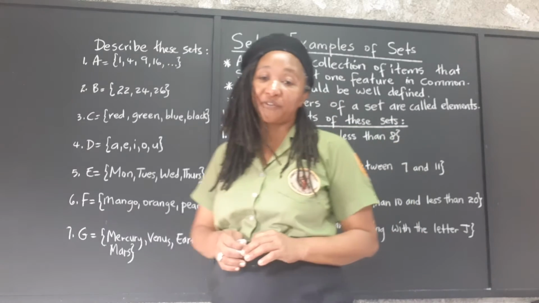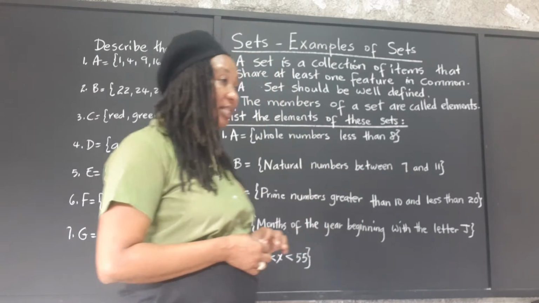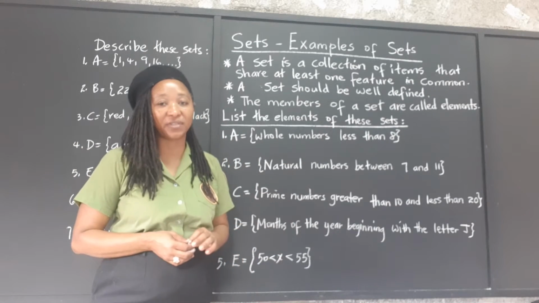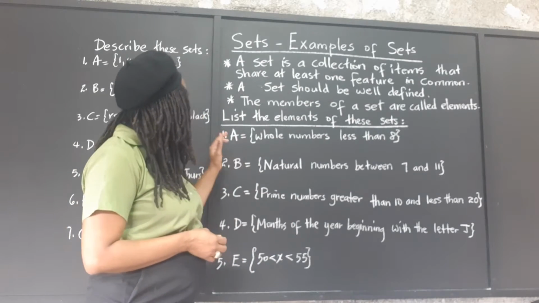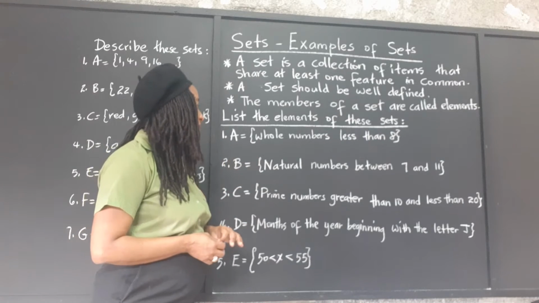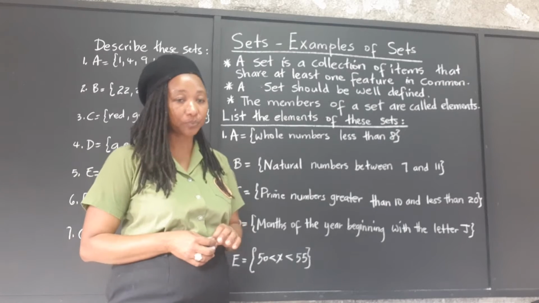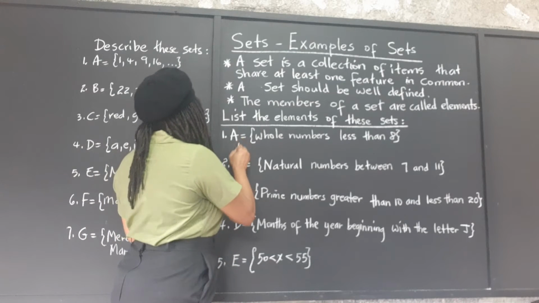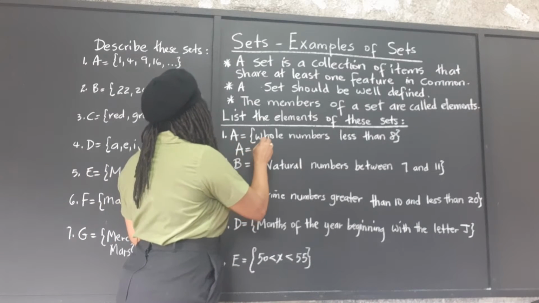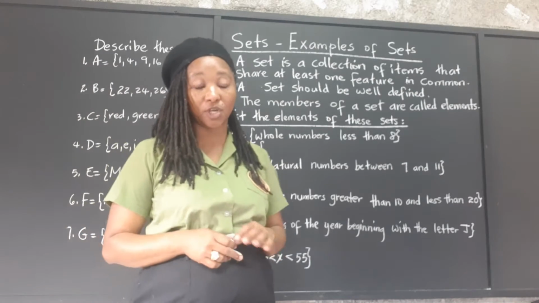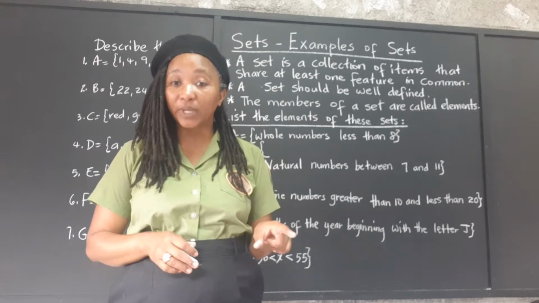So let's start with the first activity then. The instruction says list the elements of these sets. Set A contains whole numbers less than 8. So we're going to list the elements of set A, all the whole numbers that are less than 8. So we're not going to include 8 in it.